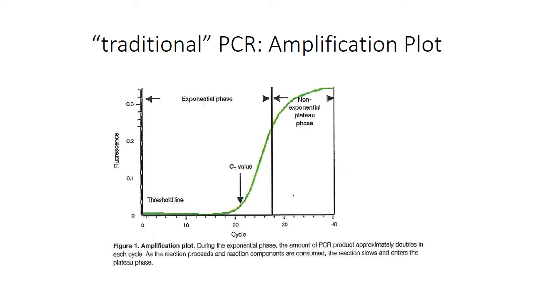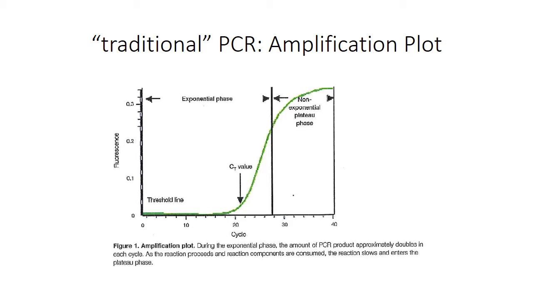Your CT value indicates how many cycles of PCR it took before you had enough DNA for the fluorescent signal to be detected by the computer. Usually, if your initial sample had a high amount of DNA, you will have a low CT value.